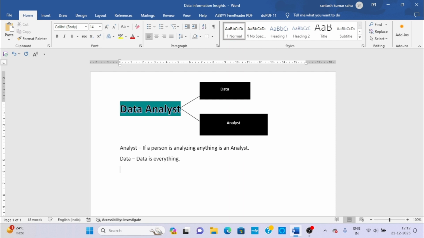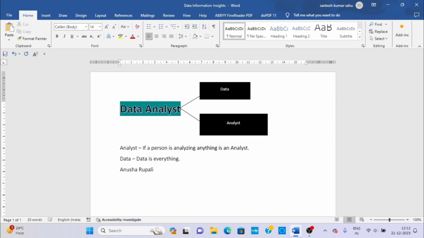Everything means what comes under everything? Any name, any object, whatever words I am writing, it will be data. For example, if I am writing a name, Anusa, it means Anusa is data. Suppose I write another name, like Rupali, then Rupali is also data.